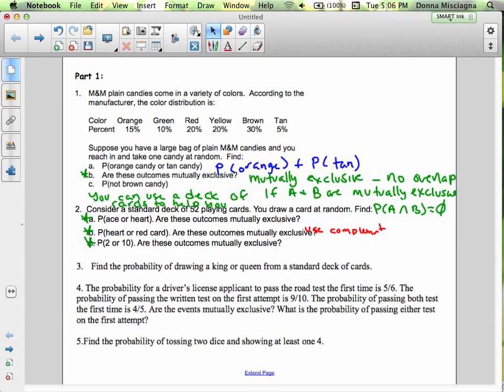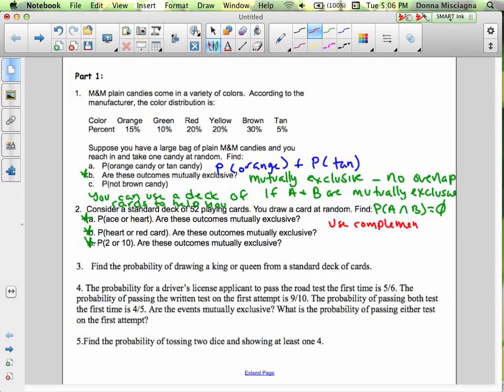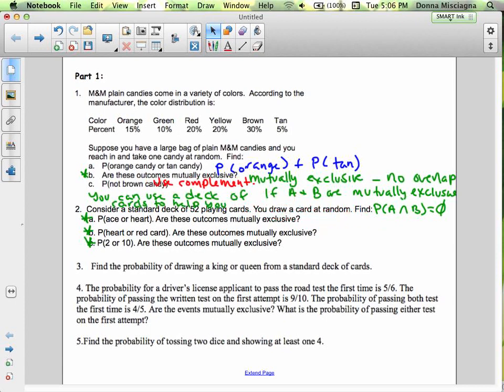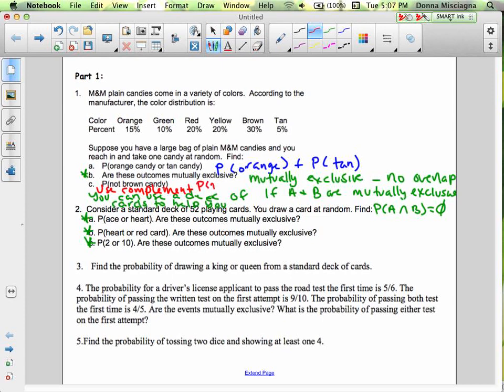Here, I'm going to write it over here, and I'm going to drag it over there, and then I'm going to remind you what a complement is. To use a complement, since everything added together would be 1, you would take 1, so the probability of not brown, I'm going to put not B because I'm running out of space, would be 1 minus the probability of brown.